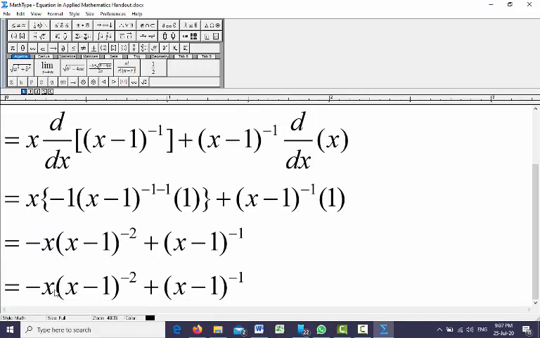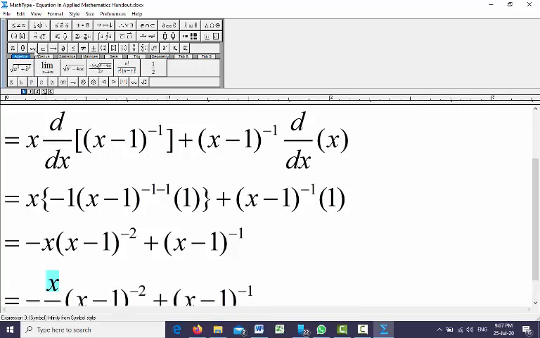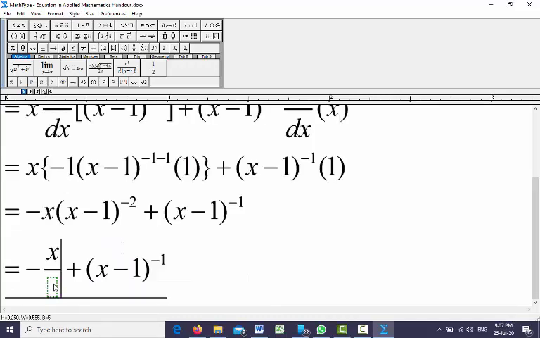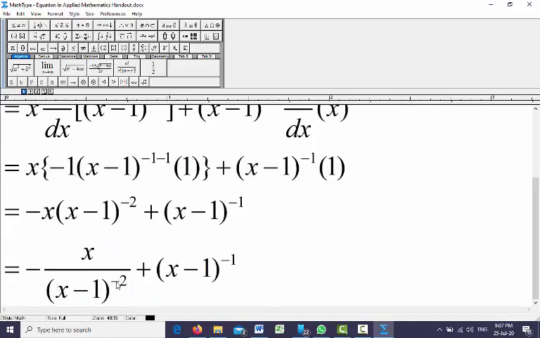So we will have this one, and this one will move to the denominator without the minus sign in the power.